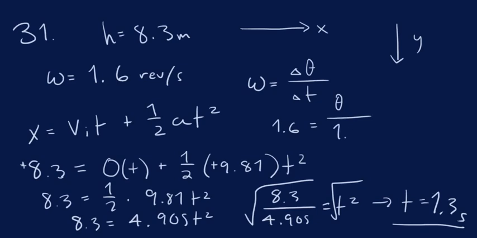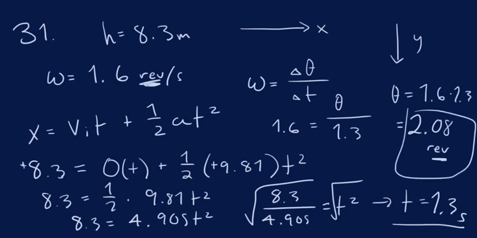So we multiply those together, 1.6 times 1.3, and theta equals 2.08 revolutions. It's important to note that for theta, we're not dealing with radians here, we're dealing with revolutions per second, so your answer is not going to be in radians, it's just revolutions. You could multiply that by 2 pi to get radians, but that doesn't matter.